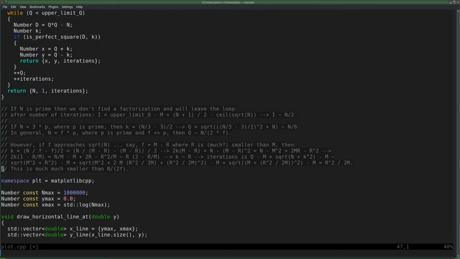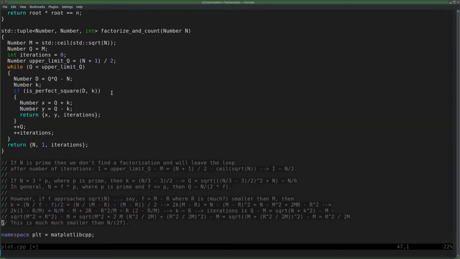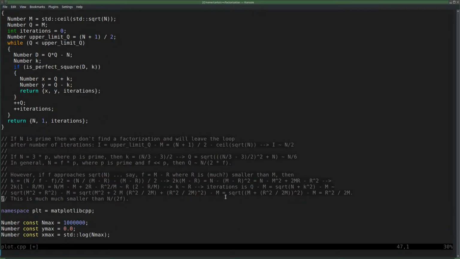But yeah, the only reason is that we started with an offset of m. If we would just start with q at 0, which would be ridiculous because there's never going to be a solution until we reach m, then in the end we would be requiring m steps.